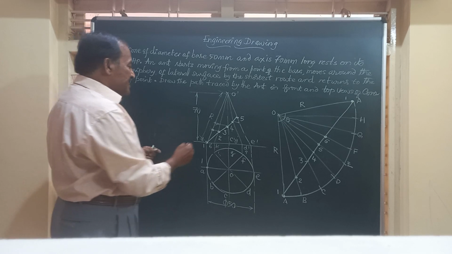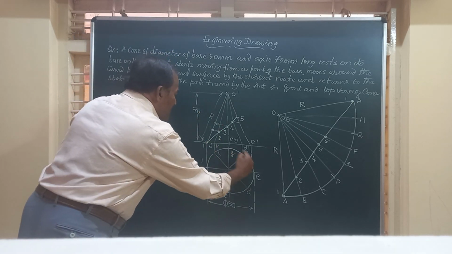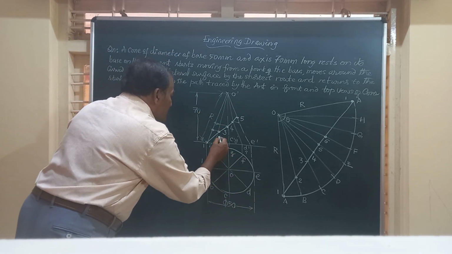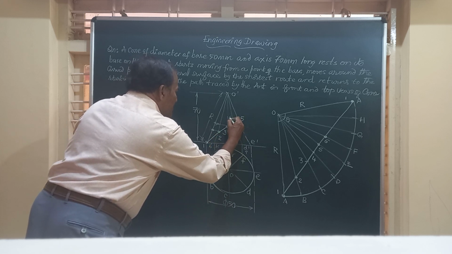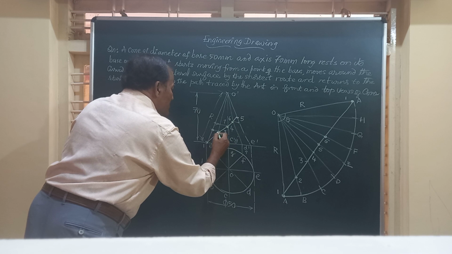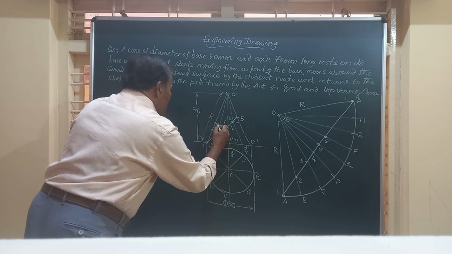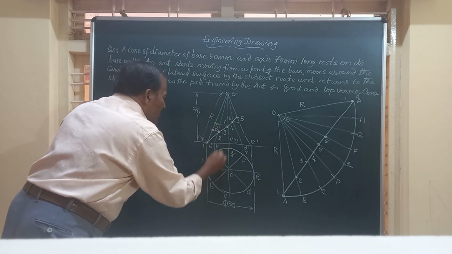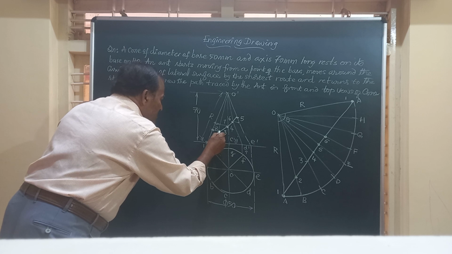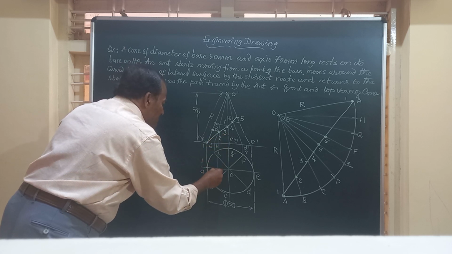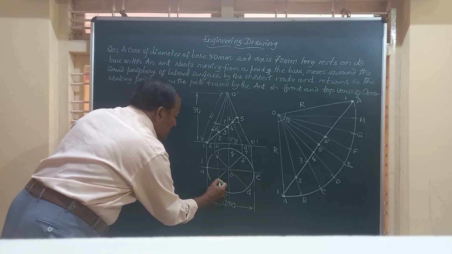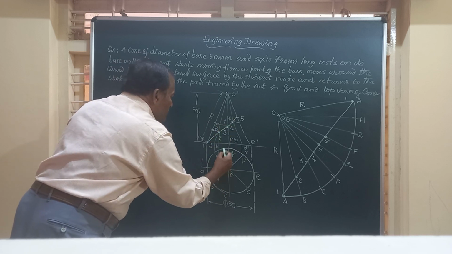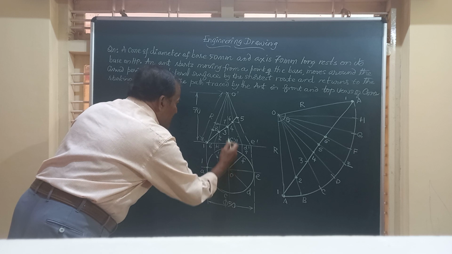So friends, let us take these points on the top view. One we have got, and this is 5, 6, 7, and this 8, and this is 1. So friends, here on OB and OH, you will get 2 points. And similarly on OC and OG, you will get 2 points.